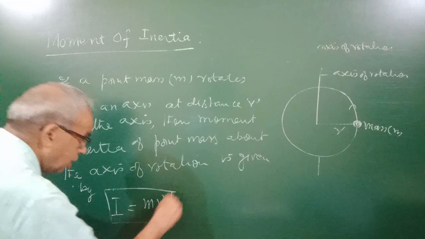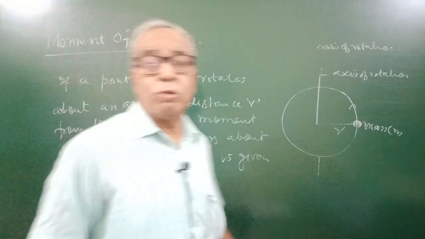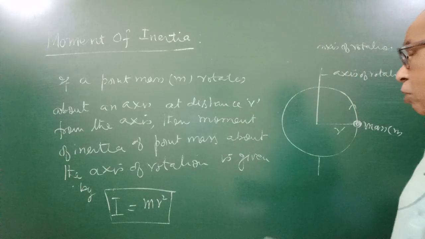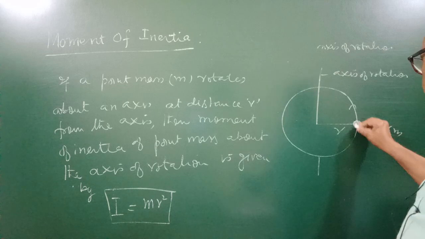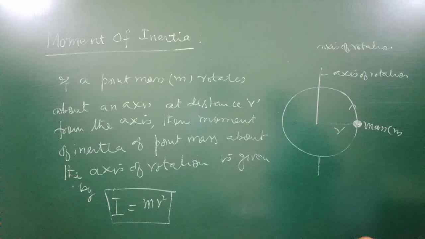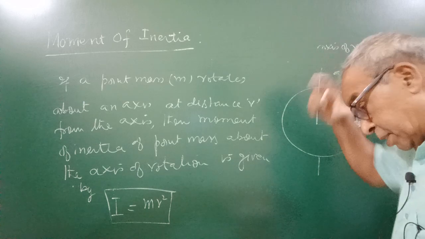The product of mass and square of distance from the axis of rotation gives the measurement of moment of inertia of a point mass. We have taken it just to understand the meaning.